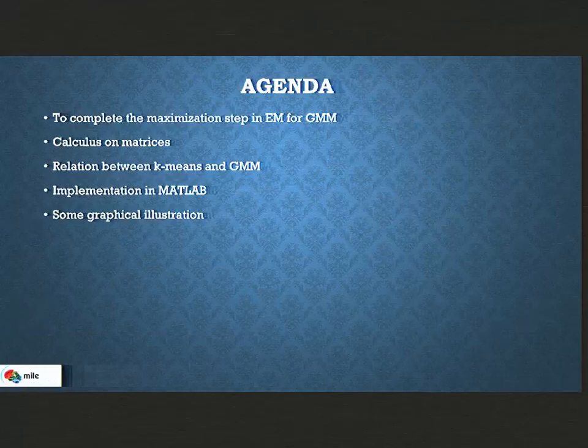So in this class, we'll complete the maximization procedure, and we'll see how to compute certain parameters of GMM. We'll do straightforward derivation and differentiation, and for mean and covariance, it's a bit tricky. We have to work on calculus on matrices.